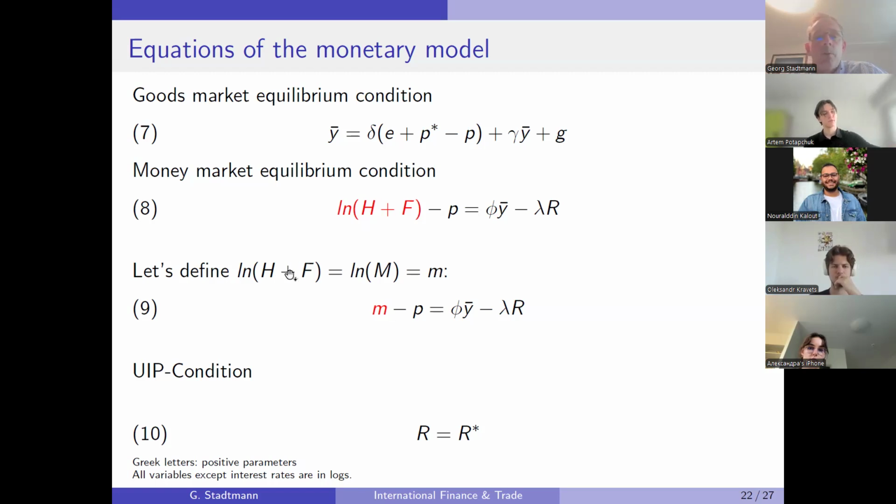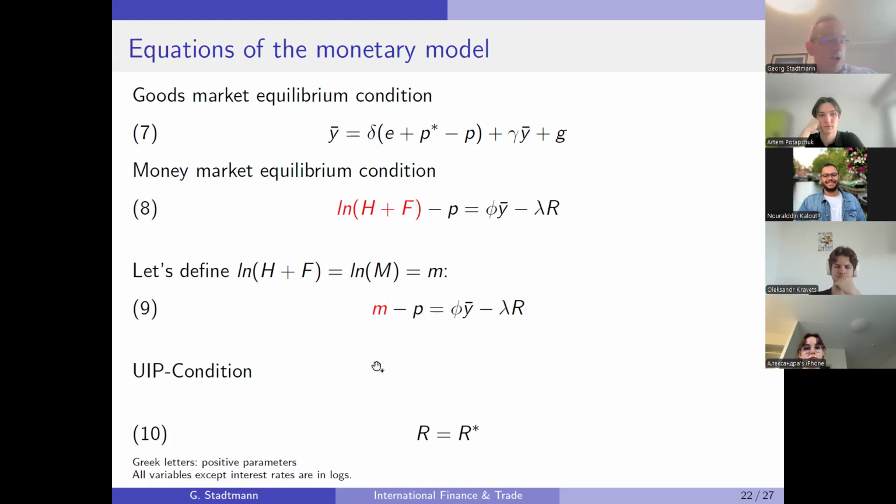We have one problem here: we cannot disentangle the sum H plus F. It is not the case that the natural log of H plus F is equal to the natural log of H plus the natural log of F. So we cannot disentangle this one, and therefore we have to insert money supply in this position.